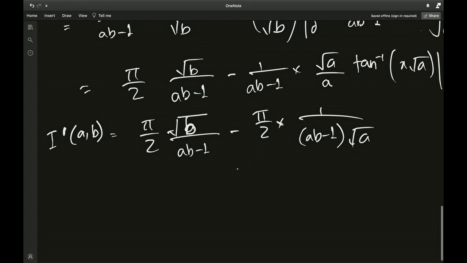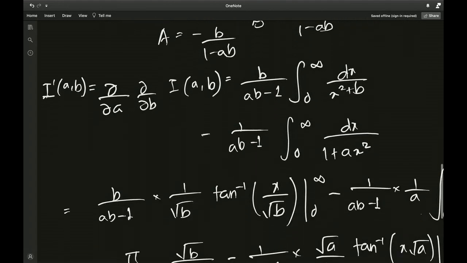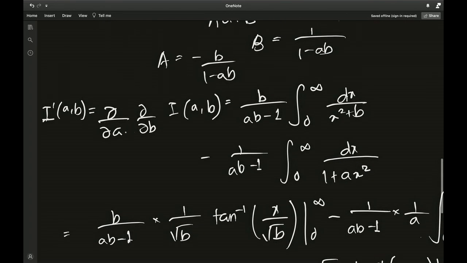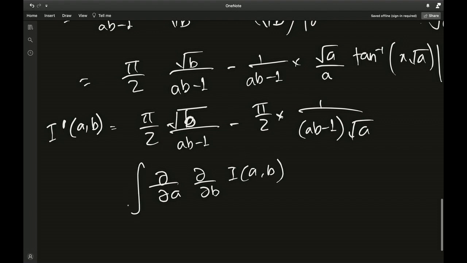It's a nice expression. Now we have to reverse everything we did. So first I will have to integrate with respect to a. Although we differentiated later with respect to a, let's integrate first with respect to a. So partial with respect to a, partial with respect to b, I of ab. We will be indefinitely integrating with respect to a.